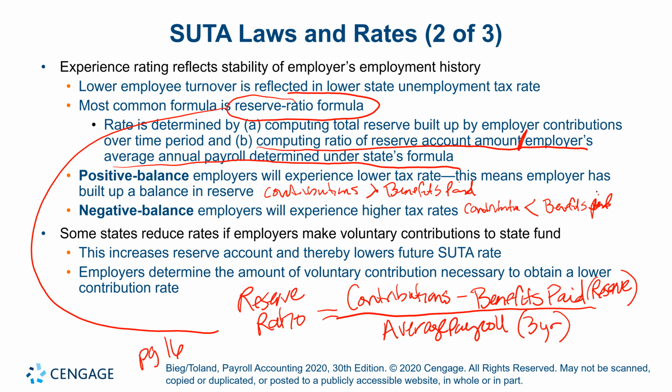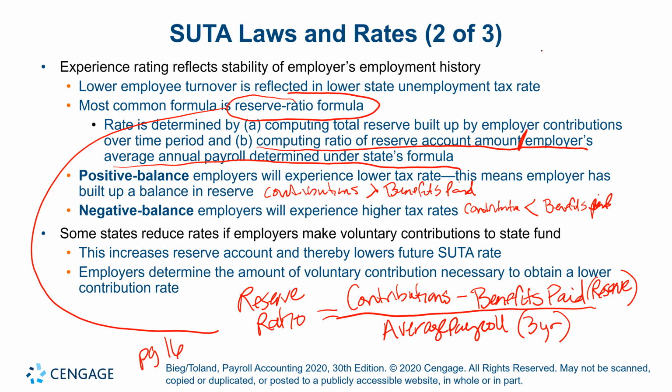So just like it shows here, some states reduce rates if employers make voluntary contributions to state fund. And the reason is because, again, this reserve ratio, the higher our reserve ratio, the lower our tax rate, right? So those have an inverse relationship.